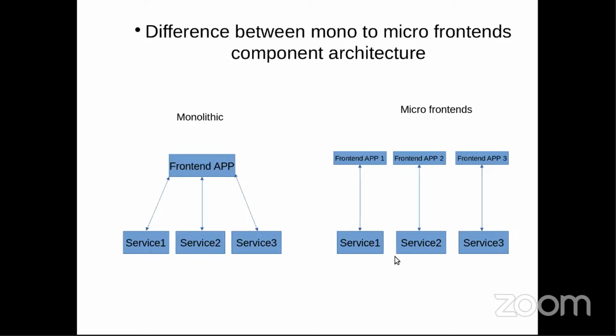Similarly, if there is a change in service 2, only front end app 2 will follow all these practices, and the other two teams are not expected to work on this.